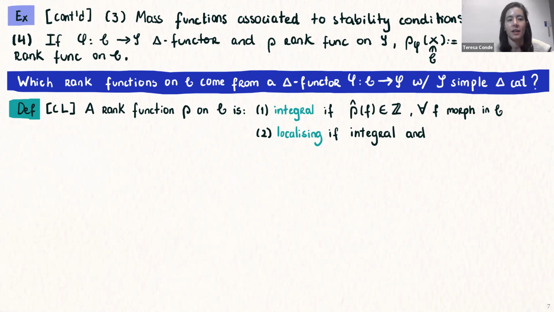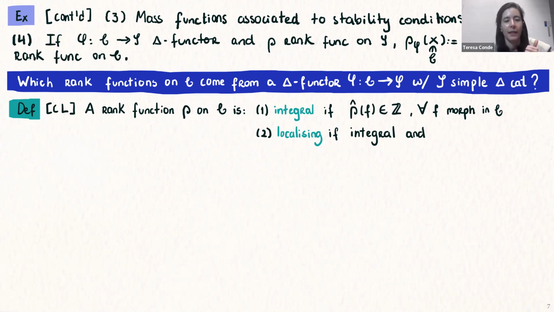And if the category is skeletally small, and because the functions are actually invariant under isomorphism classes, this is all well defined, and that's why one needs all these smallness conditions.